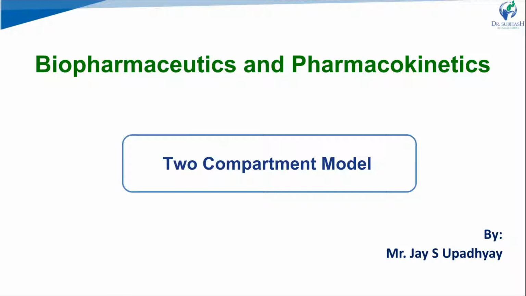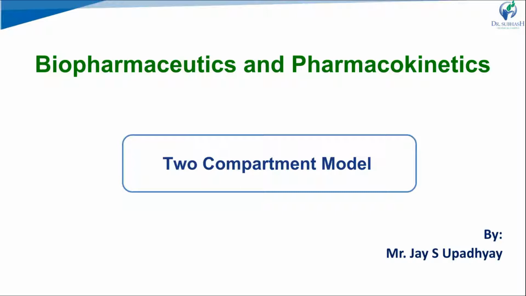That time we have to go for the bi- or multi-exponential form, because the degree of blood flow, affinity of drug, and rate of equilibrium are not similar throughout the body. Ideally, a pharmacokinetic model should have one rate constant for each tissue undergoing equilibrium, but that is difficult mathematically. So we go for multi-compartment models using multi-exponential or bi-exponential forms.